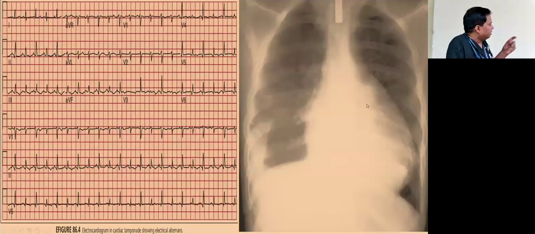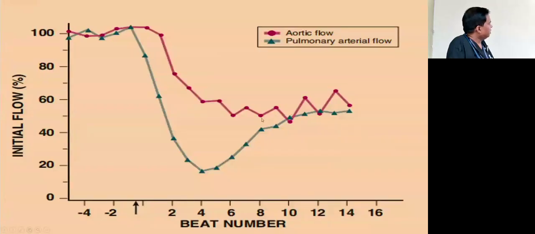You can see the intensity is varied; it's more intense here and less here. That is because of the fluid accumulation. So this shows why there is less pulmonary blood flow in cardiac tamponade.